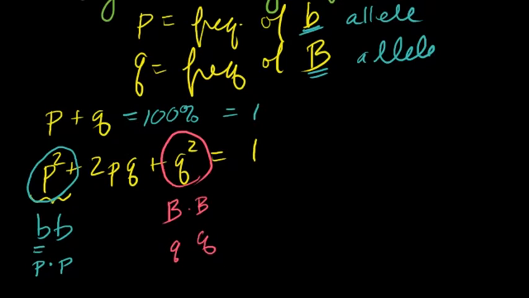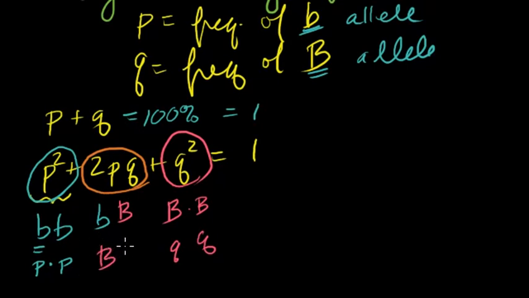Now what's 2PQ? Essentially this entire term is the frequency that I'm a hybrid, that I have a heterozygous genotype. Why is that? Because there are two ways that I can be a heterozygote. I could get blue from one parent and brown from the other, or I could get brown from the first parent and blue from the second.